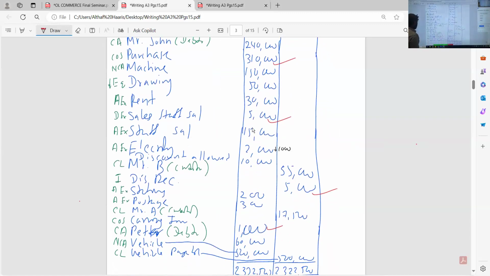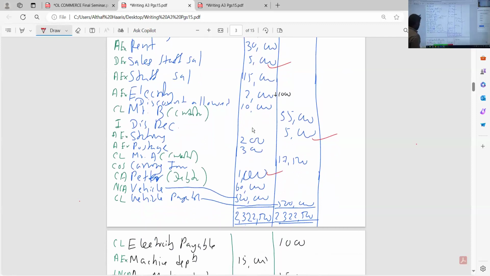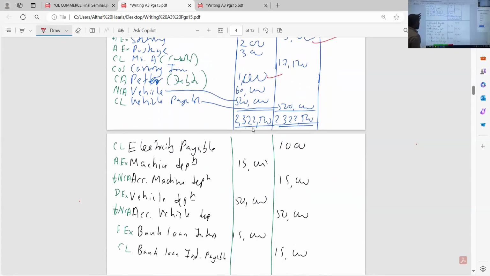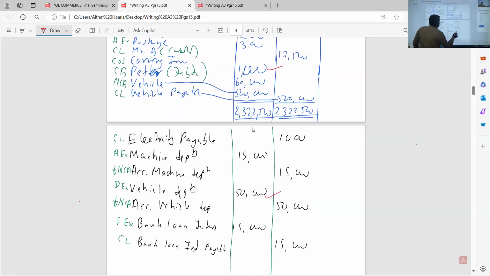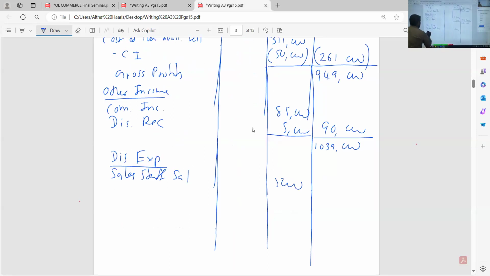Then what else? Vehicle depreciation 50,000. Then here the total is 55,000.